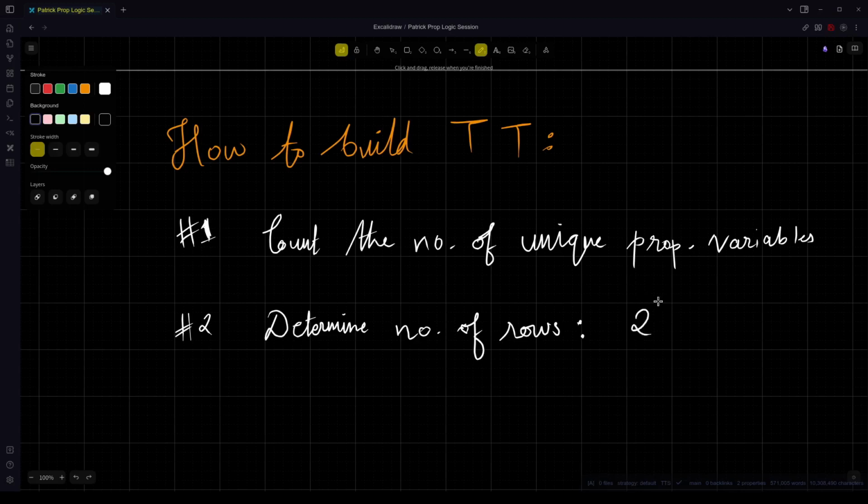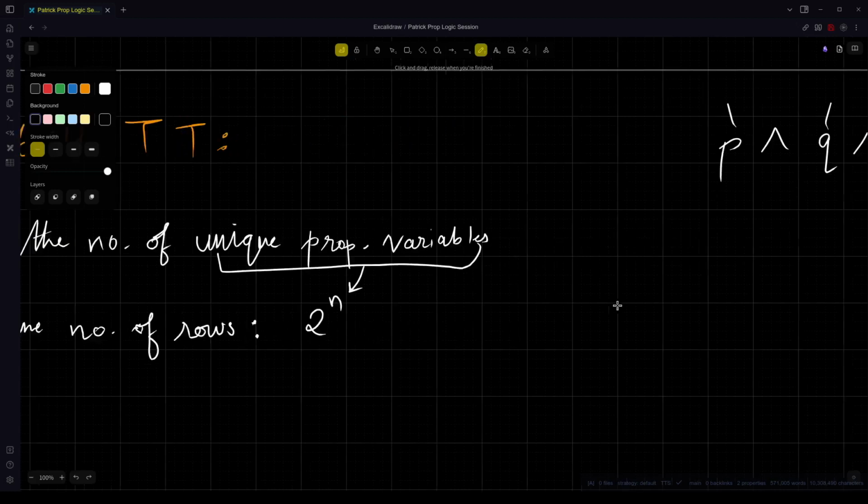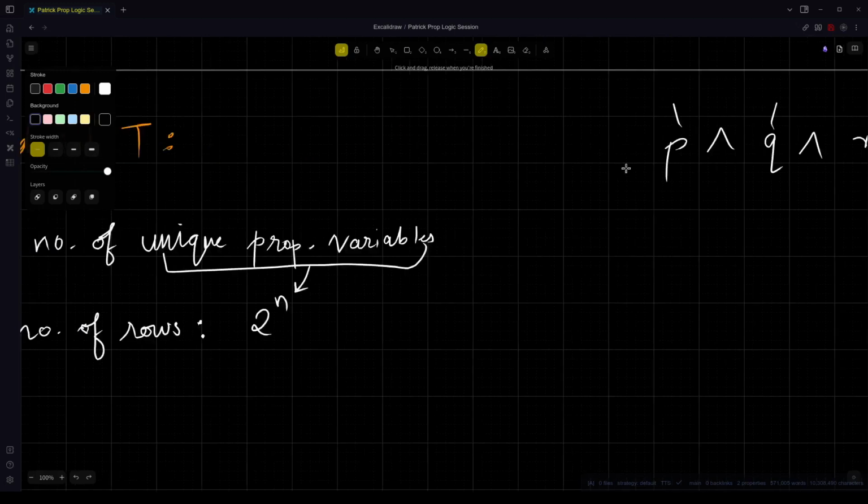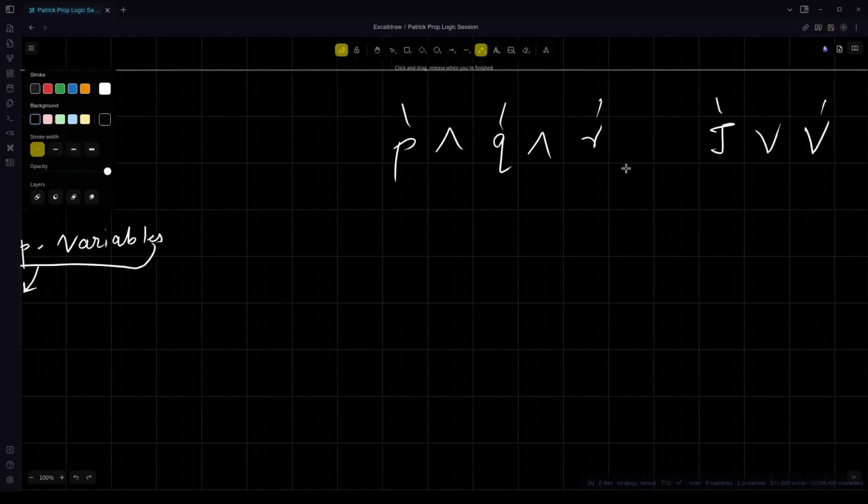It's just 2 raised to n, where n is the number of unique propositional variables. So let's say in this case, P, Q and R, what would n be? n is 3, right? And if we take 2 power 3, we get 8. So this is the number of rows that we have.